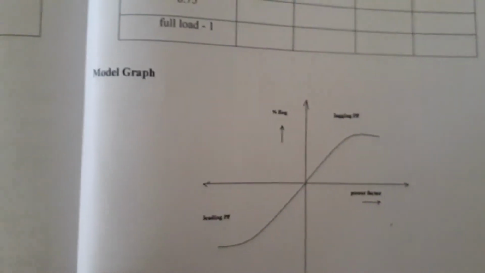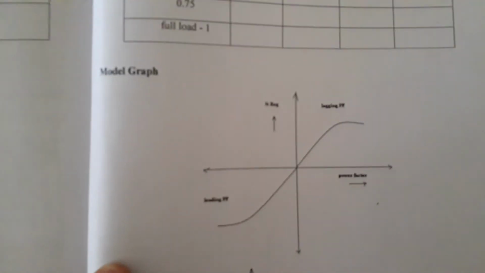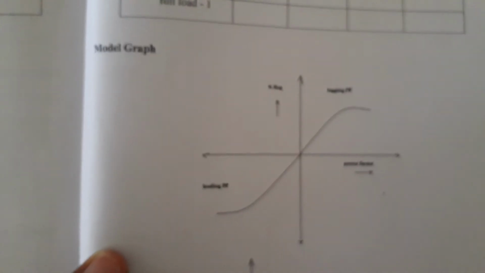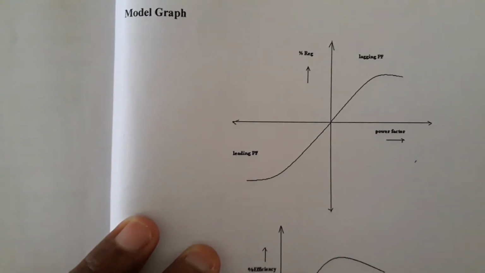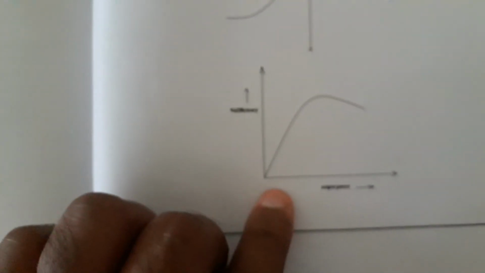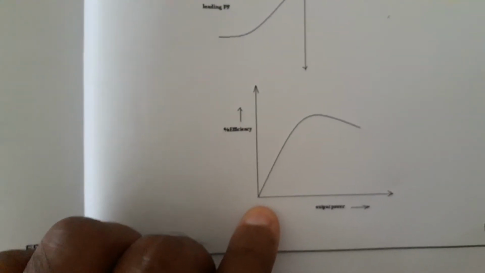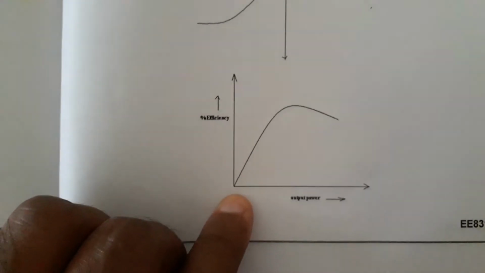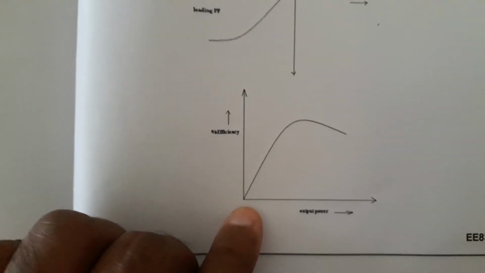So the conclusion is that for a lagging power factor, the regulation is positive, and for a leading power factor, the regulation is negative. And for efficiency, the efficiency is the same as what we have calculated from the load test.